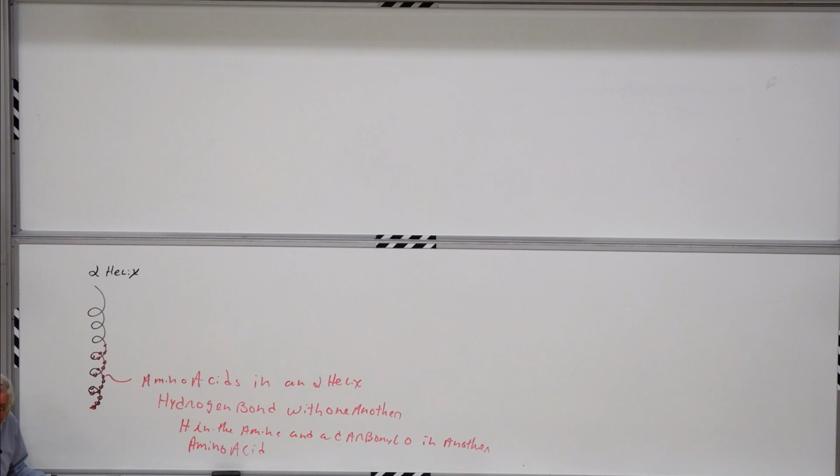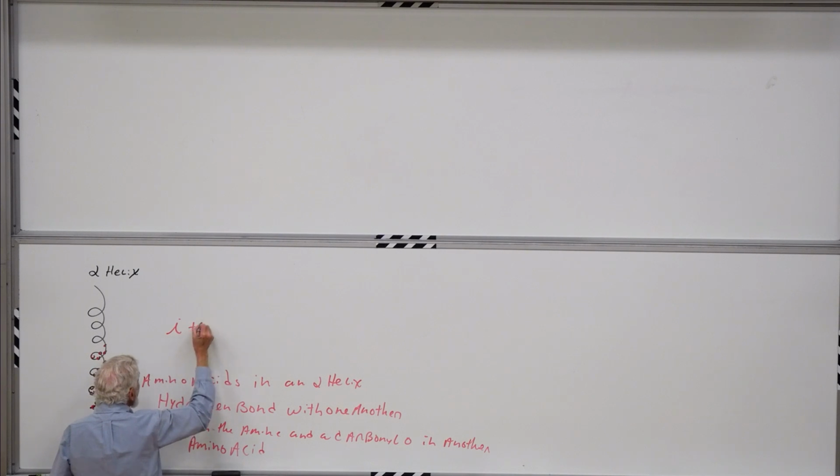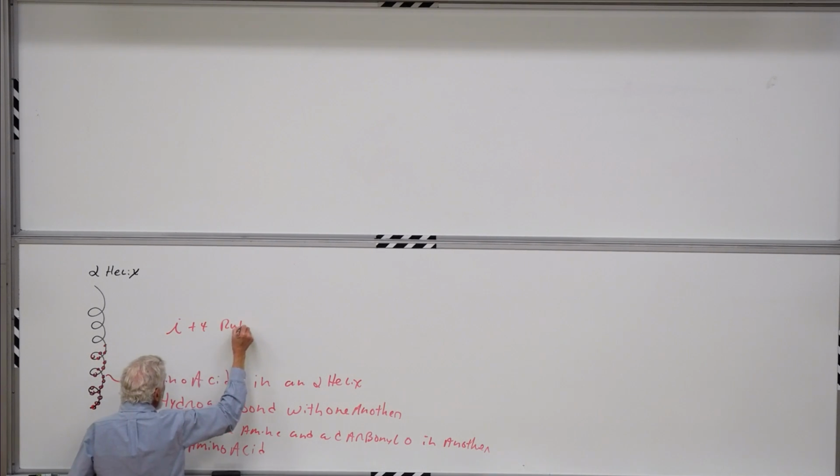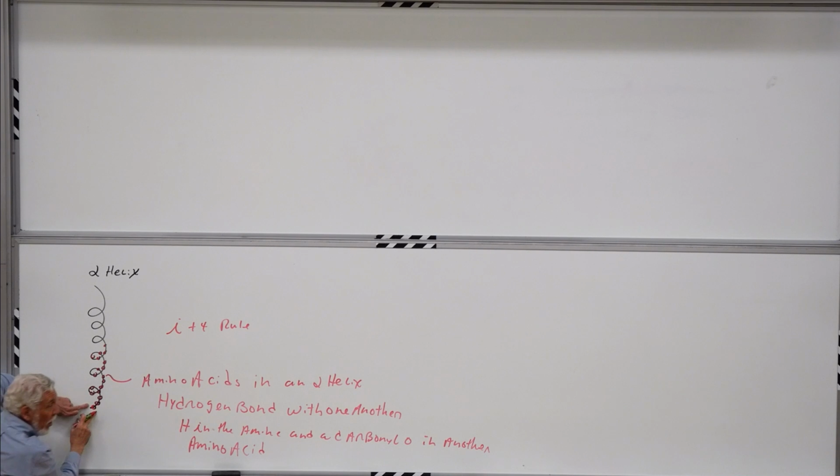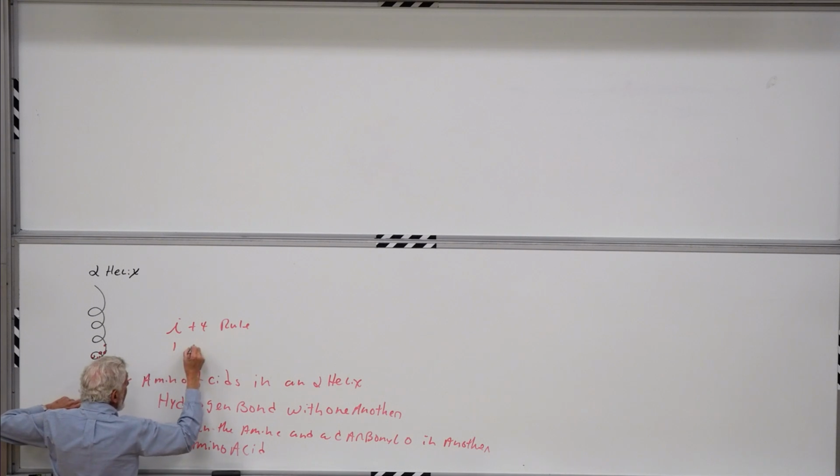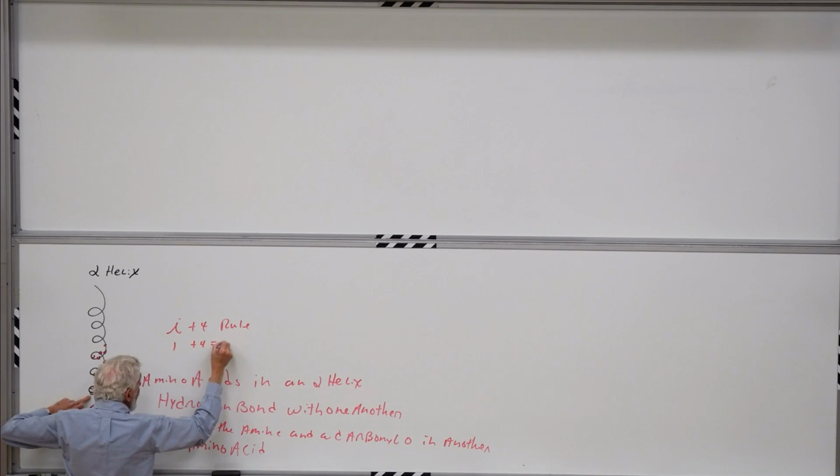But it's not just a random other amino acid. There is the so-called I+4 rule, which says that if we start out here with amino acid number 1, it will hydrogen bond with amino acid number 5. So it's 1 plus 4 equals 5.